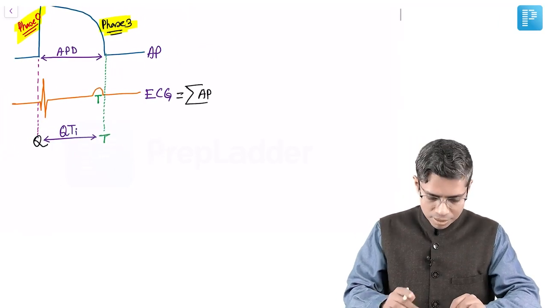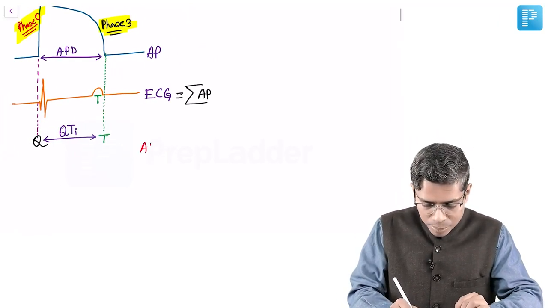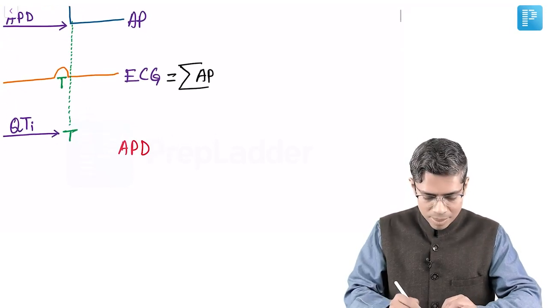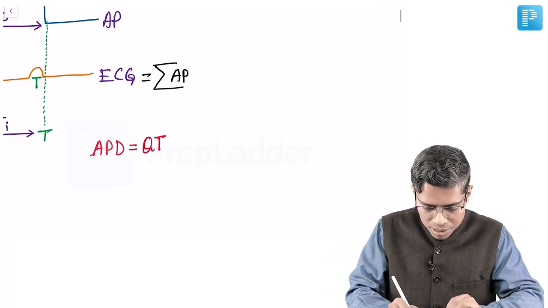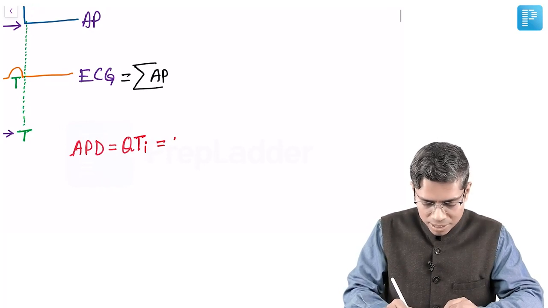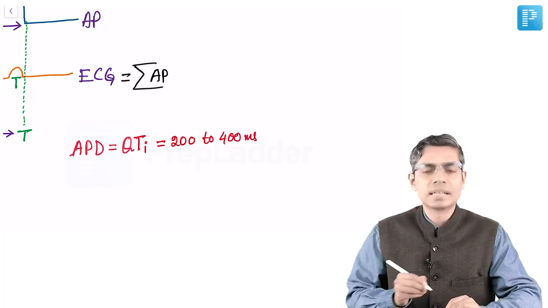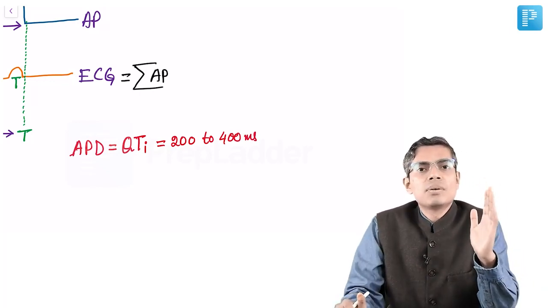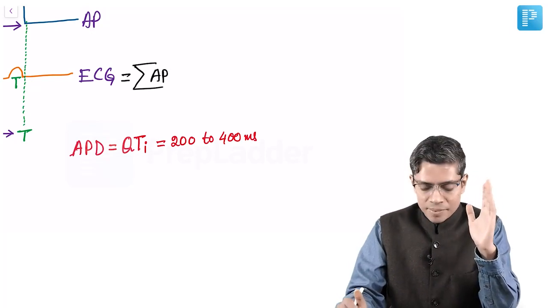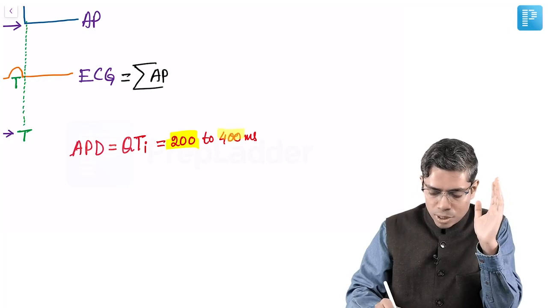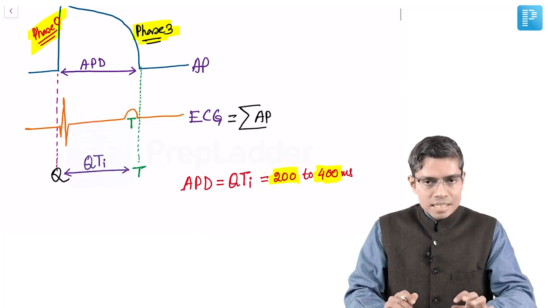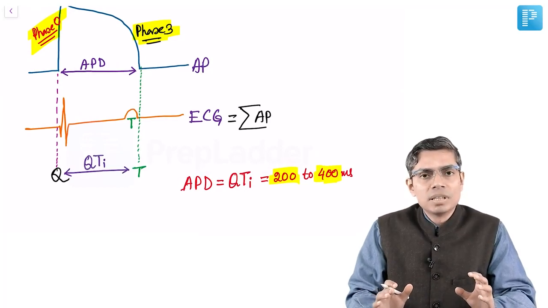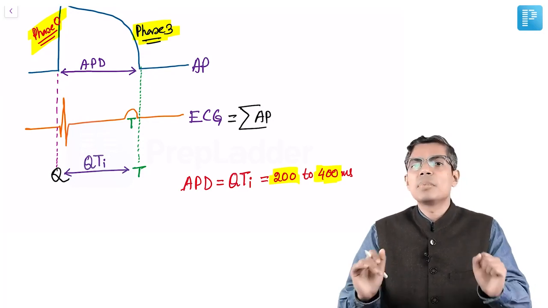So that's why we write that the action potential duration of the myocardium cell is equal to the QT interval, which is normally 200 to 400 milliseconds. Getting my point? And we just came to know that your ECG is nothing but a summated version of all the action potentials appearing in the myocardium.